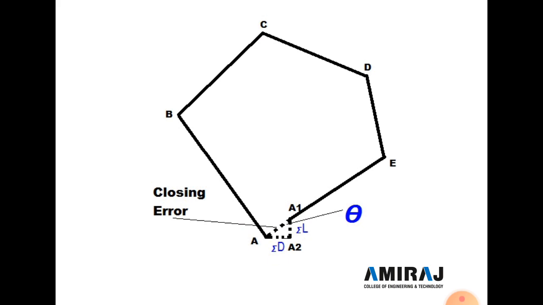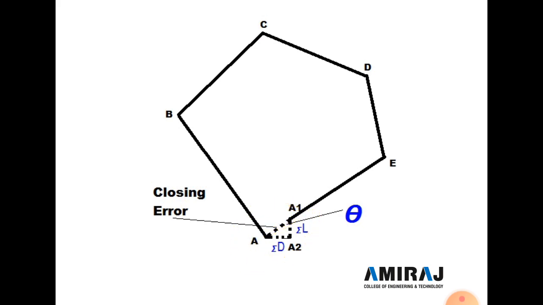The starting point and end point are not the same, and the line is not exactly joined with the starting point, so this error is known as the closing error. Here we compulsorily find the latitude and departure, and from them we find the total length of the closing error.